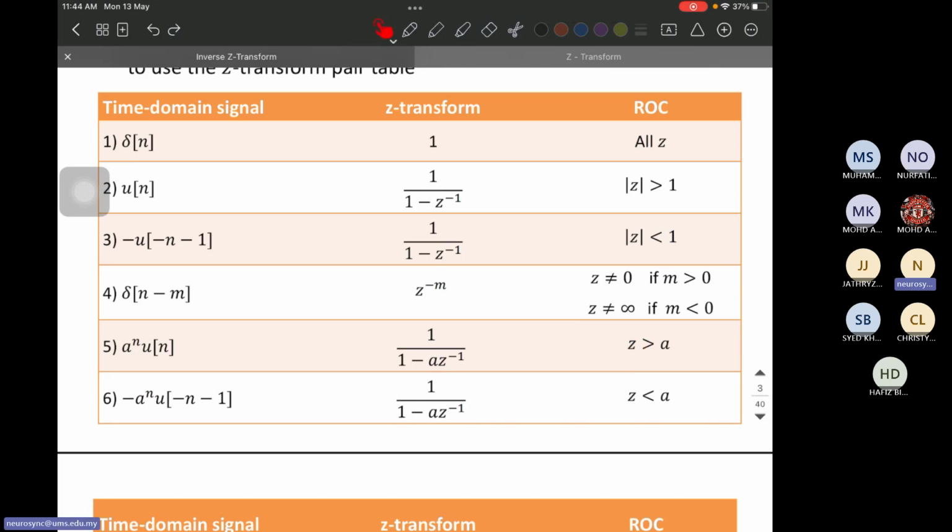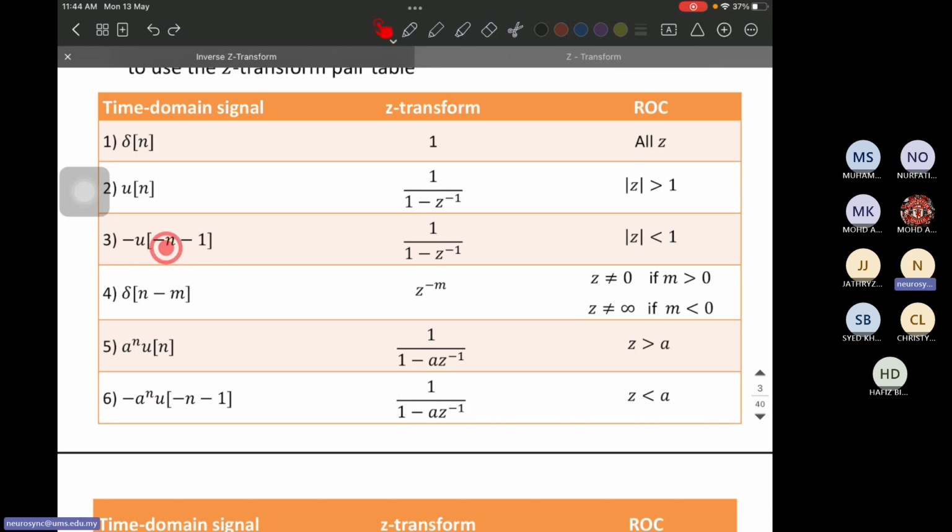We should know the standard Z transformation of these signals. You can see here the Z transformation of minus u of minus n minus 1. This is a left sided signal.